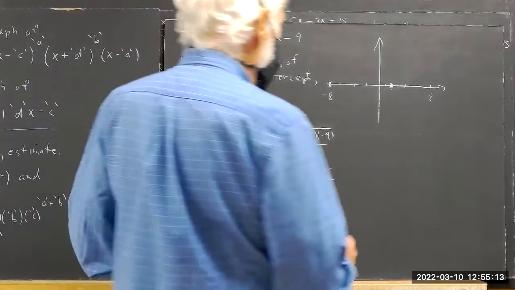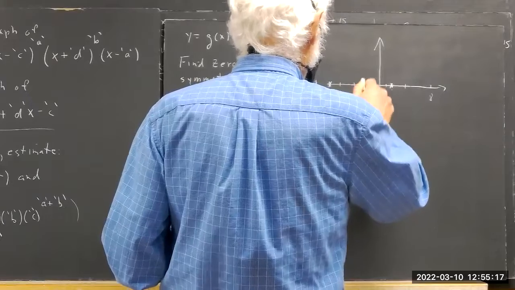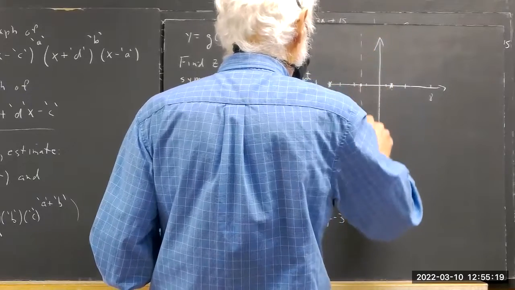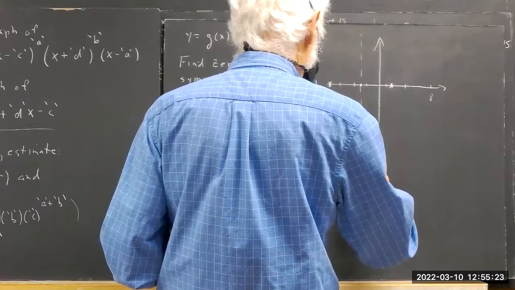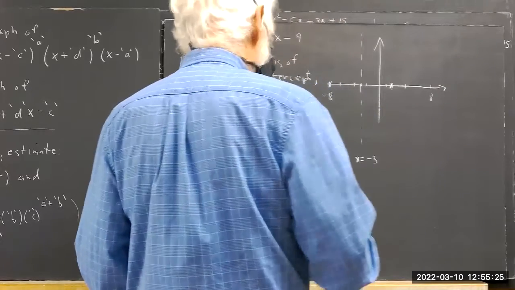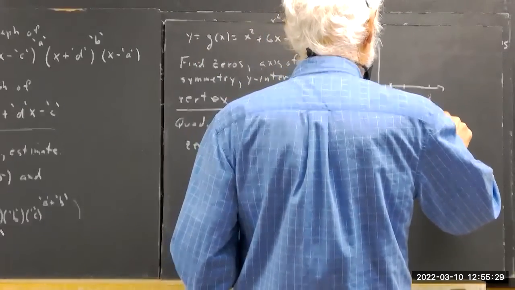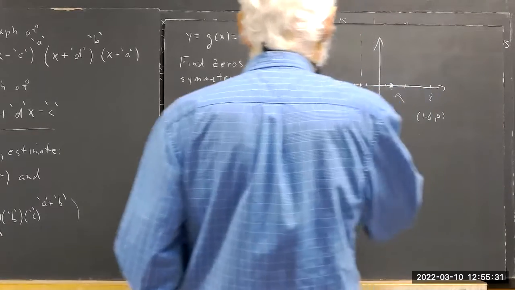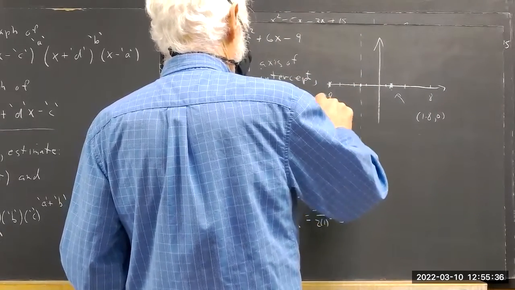So in any case, the axis of symmetry is at x equals negative 3. The zeros are at approximately 1.8 and negative 7.8.